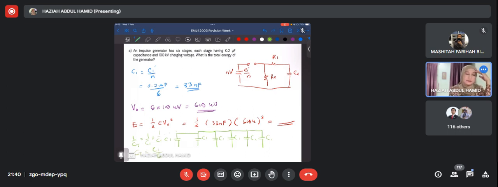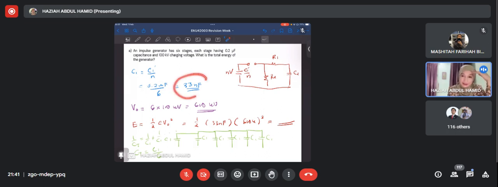Or saya boleh dapatkan C1 bagi 6. Ini saya bagi in terms of N, tak ikutlah N you berapa. So in this case N you 6. So C1 bagi 6, ni the equivalent capacitor. So given is C1 each stage 0.2, so total yang equivalent dia ialah 0.2 bagi dengan 6, kita dapat 33 nanofarad.